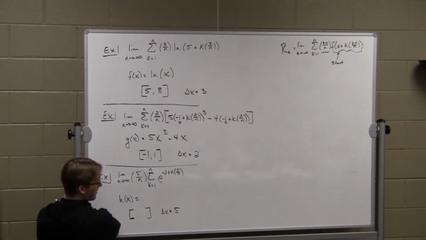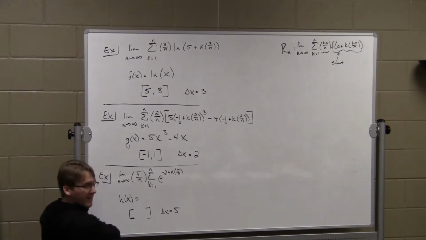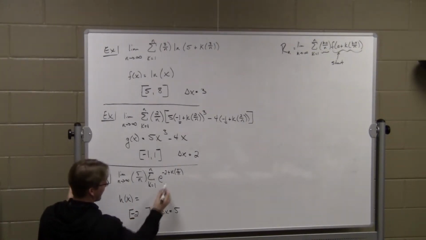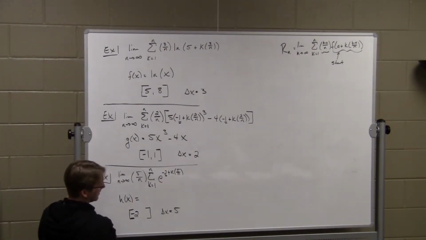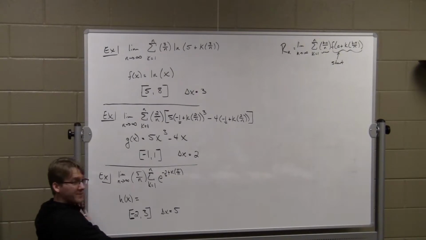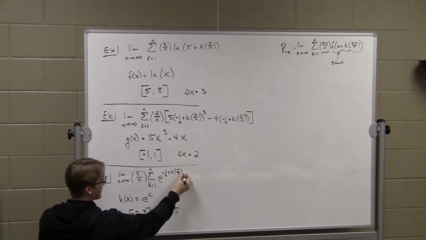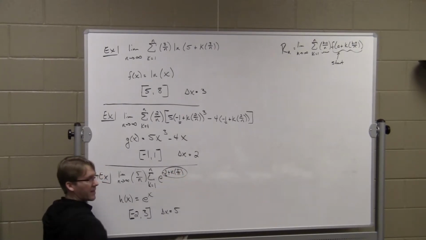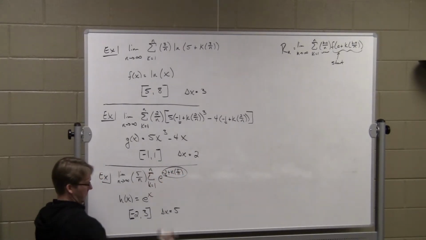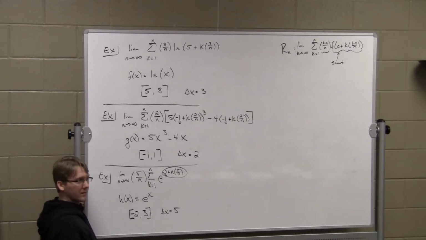For bonus points, where does it start? Negative 2, very good. There's my a value. Okay, so if we go 5 from there, that puts us at 3. What was the function? That's it, e to the x. Nothing fancy, this is the whole a plus k thingy plugged in, so, ta-da. Bam. Booyah. Does that help?